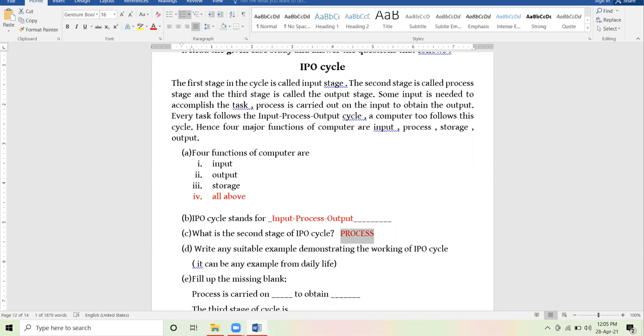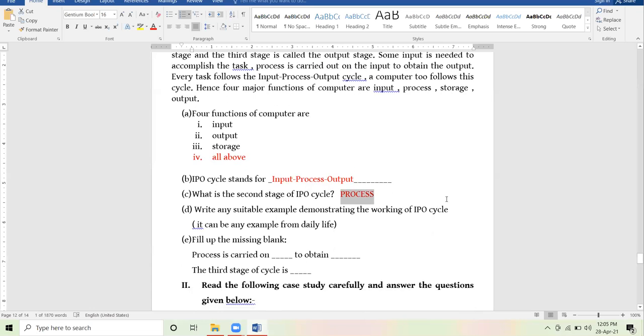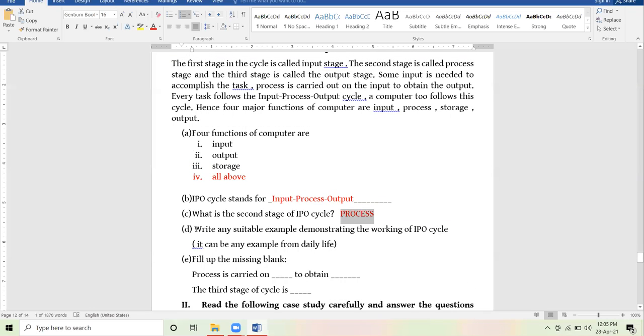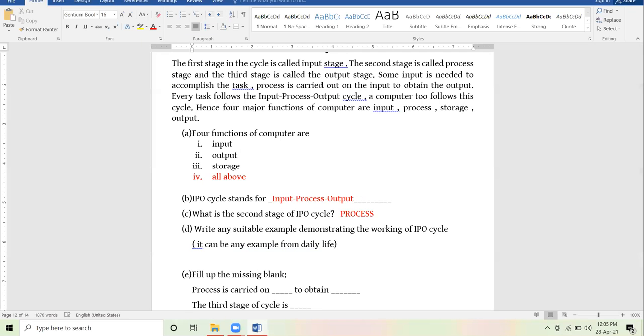Very nice. So as far as this question is concerned, you have to divide your answer in three parts. Input: here you will write, arrange all the raw materials, the Maggie packet and vegetables, and cut them. Second, process: keep the pan on the gas and heat it up.